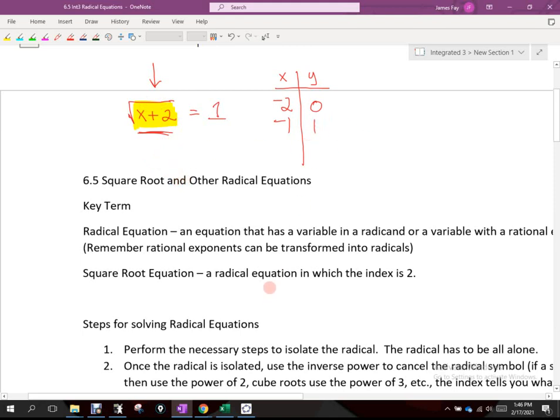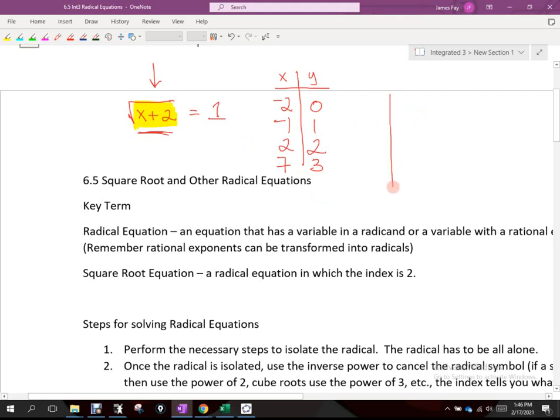Let's try 2. If I put 2 in there, I get 4 underneath the radical. What number multiplied by itself two times gives 4? 2. And let's do one more, 7. If I put 7 in here, that gives me 9 underneath, and the square root of 9 is 3.